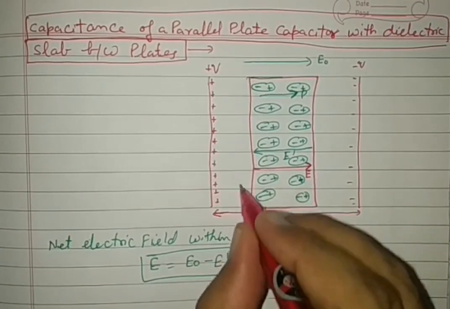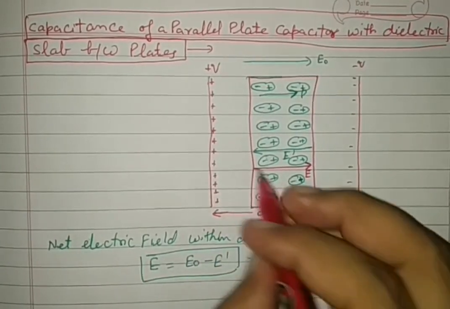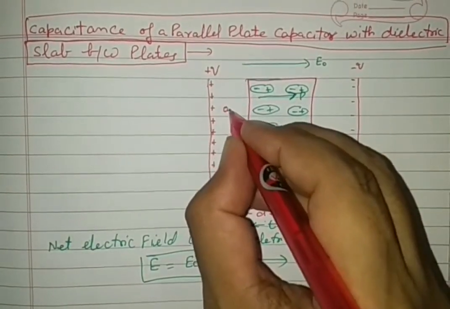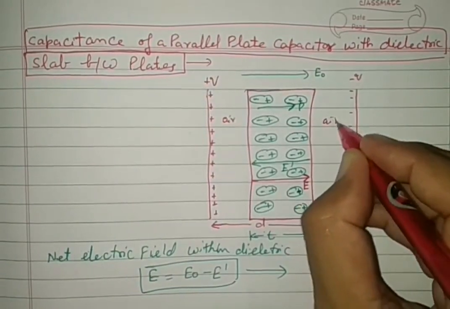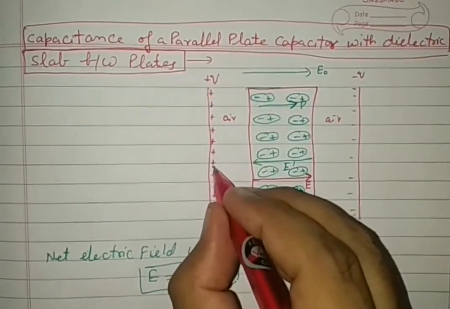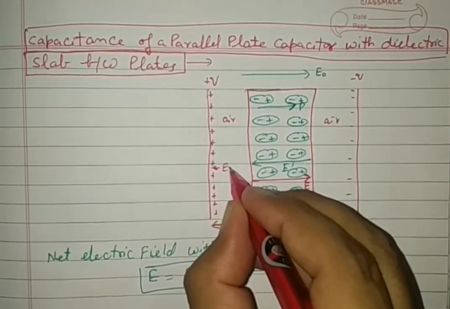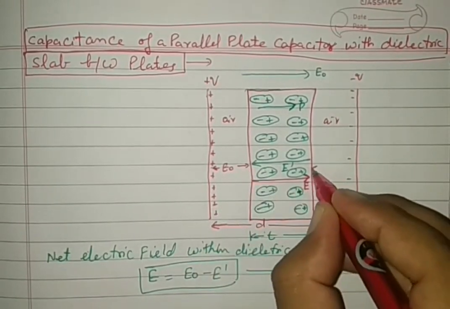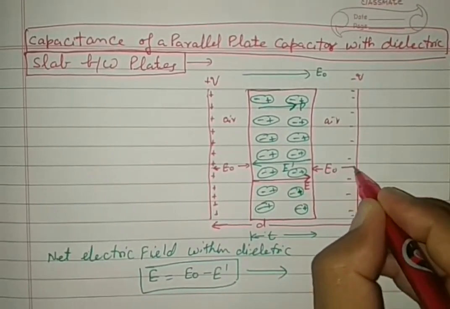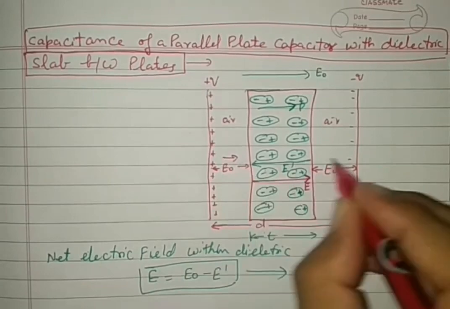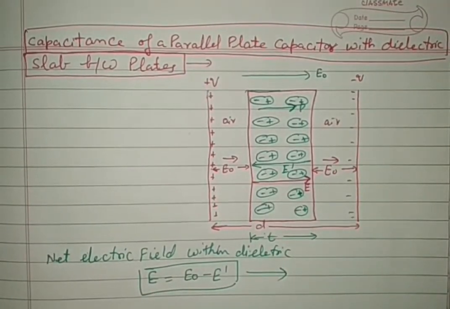Now some places are vacant, with air or vacuum on both sides. So within this gap the electric field is E naught, in the direction of the arrow.